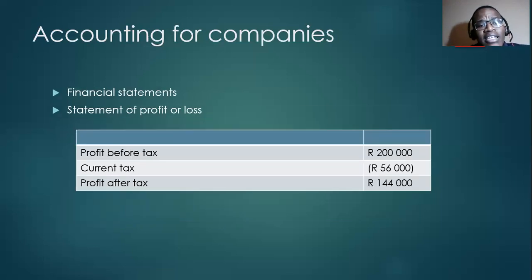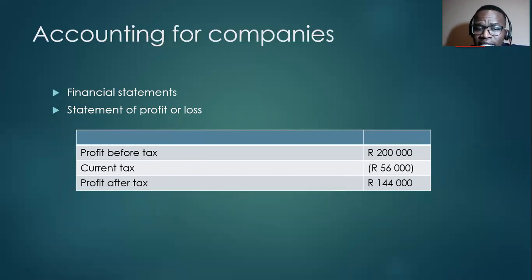Then in your financial statements, we expect in your statement of profit or loss, you'll have your profit before tax. Remember, the company made a profit before tax of 200,000, then it paid current tax of 56,000, which means the profit after tax is 144,000, right? Then when the user is looking at this financial statement, they'll be able to see that the company made 200,000, but not all that amount belongs to the company.